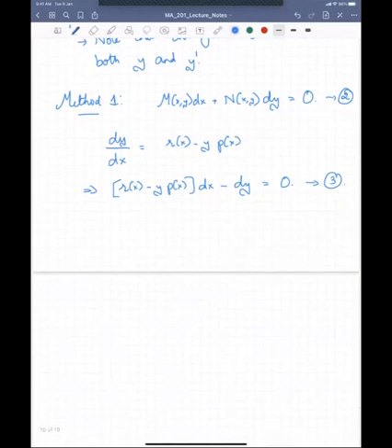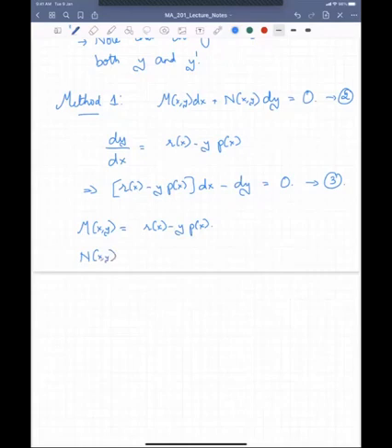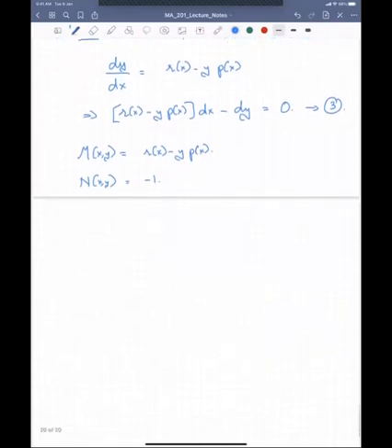So now we can make the identification that M of x comma y for this is basically R of x minus y P of x. And N of x comma y for this is minus 1. It is a constant. So again, we will ask if this is an exact differential equation.